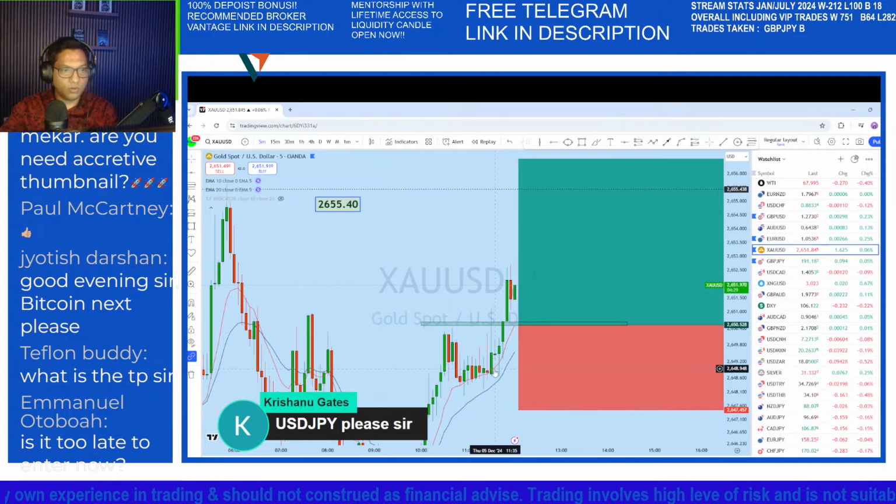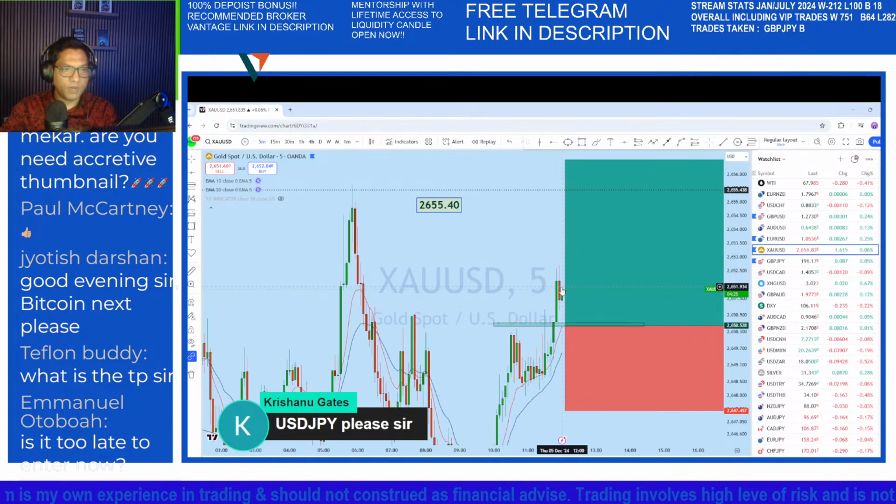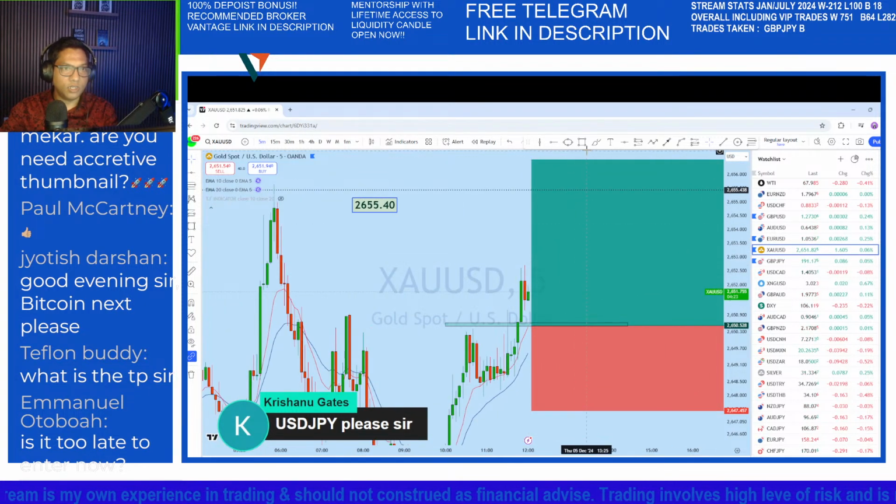And with that in mind, you can see the market is trending in the direction, expecting it to bounce and then to create a new higher high.